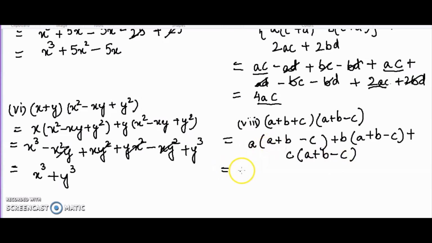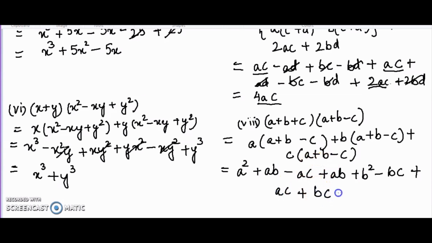So that is a into a square plus ab minus ac plus again ba or ab plus b square minus bc plus ac plus bc minus c square.